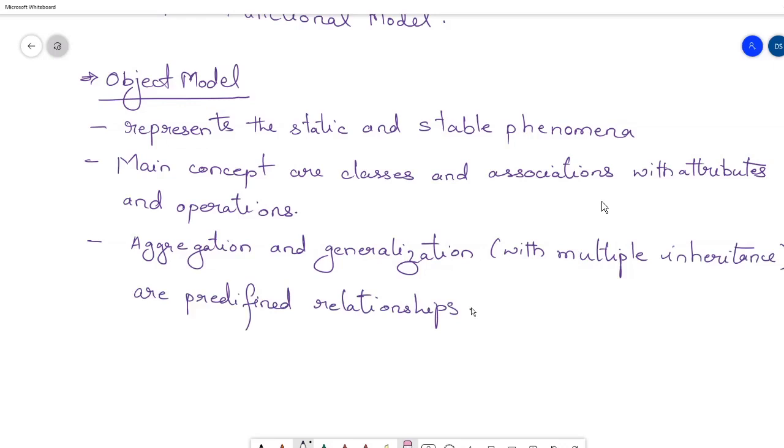So this was about the object model. Now, what is the dynamic model?